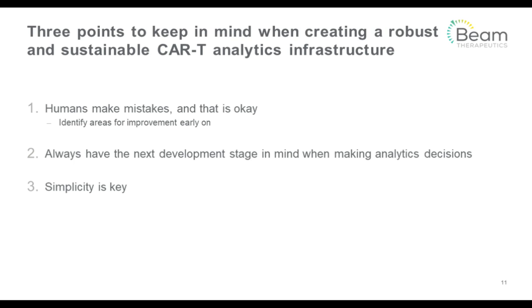Number 2, always have the next development stage in mind when making your analytics decisions, whether it's buying hardware, designing panels, or creating SOPs. You want to make sure that those are standardized from start to finish to ensure an optimal transition. And simplicity is key.